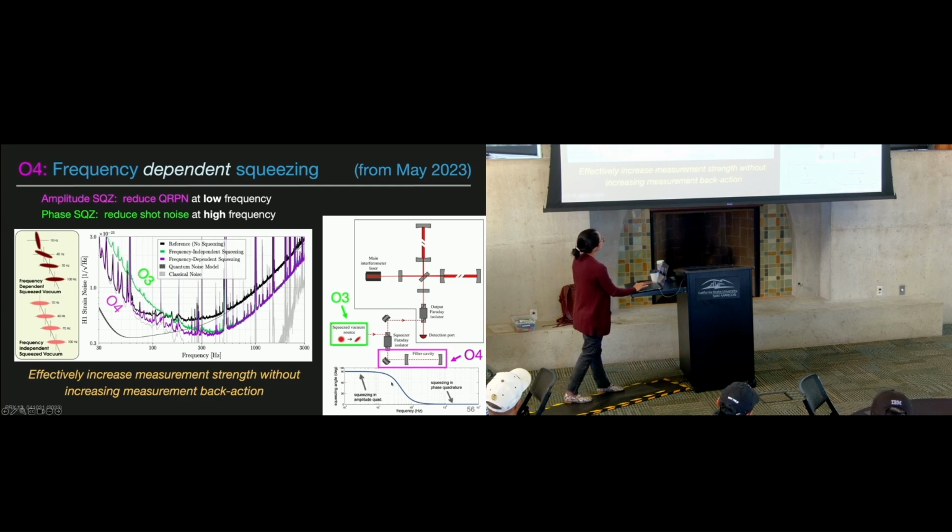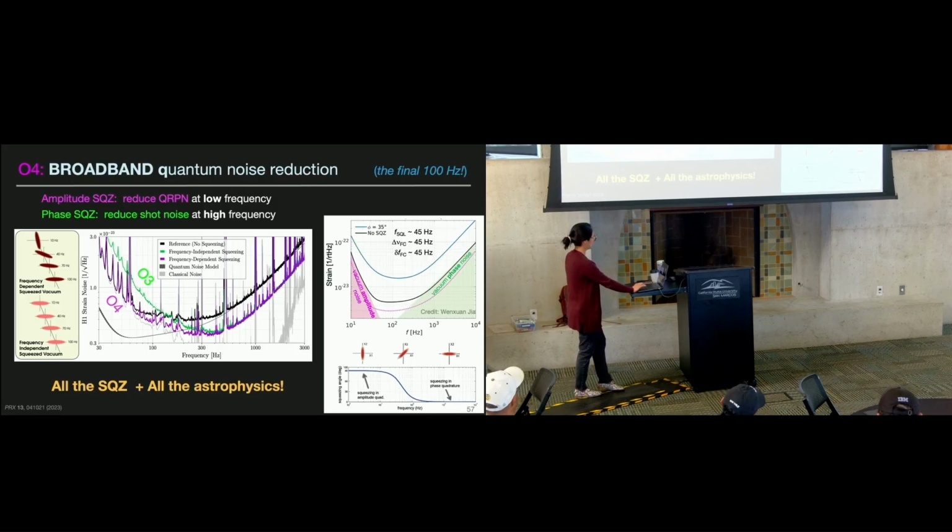We pre-rotate phase squeezing into amplitude squeezing. We send in this state so that it's amplitude squeeze light down here and phase squeeze light up here. And then we can reduce the dominant quadrature of quantum noise at every single frequency by matching our squeezing injection system to the interferometers. That's effectively what we do.